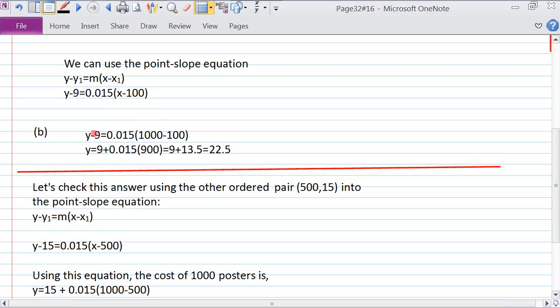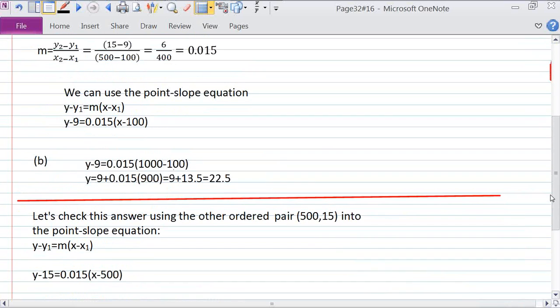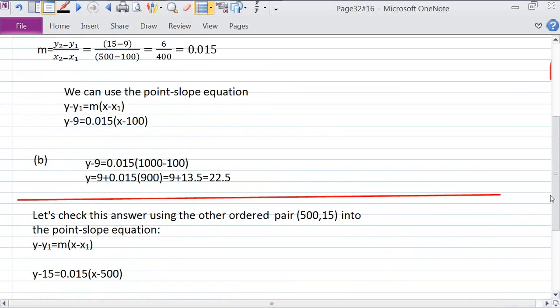We work it out. We transpose the 9 from the left to the right. And here we have 1,000 minus 100, which is 900. 900 times 0.015 is 13.5. We add it to the 9, and we get the cost being 22.5.